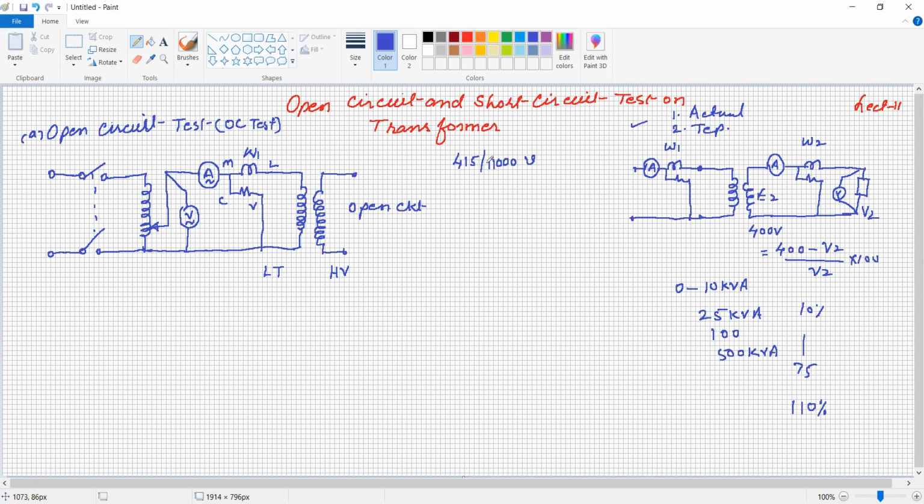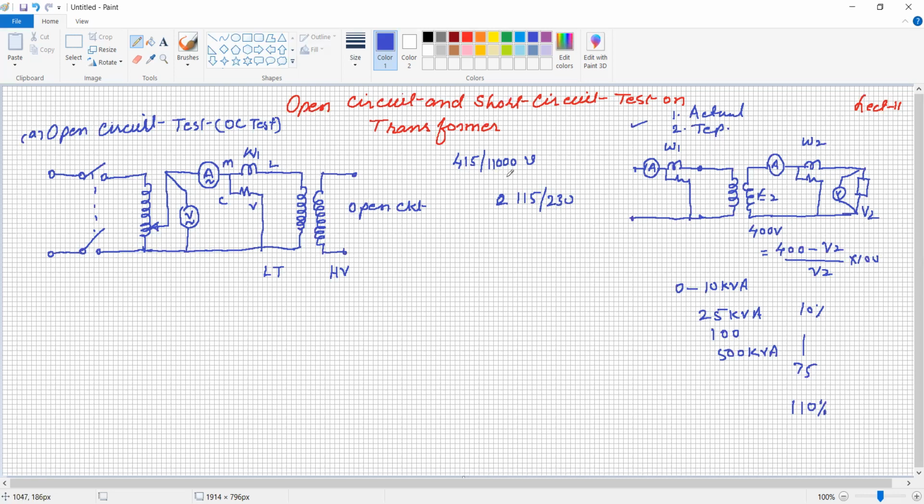But if the transformer is, say, 115/230 volt, we can connect the instruments to the HV side or to the LV side.